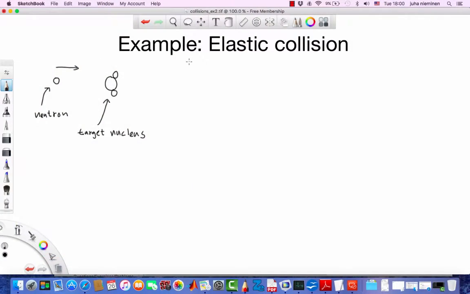As an example of an elastic collision, we are looking at what happens when a neutron, for example in a fission reactor, hits a nucleus of some kind. This is usually called the moderator substance, which can be graphite or water. Well, it can be anything, but those two are mostly being used in fission reactors.